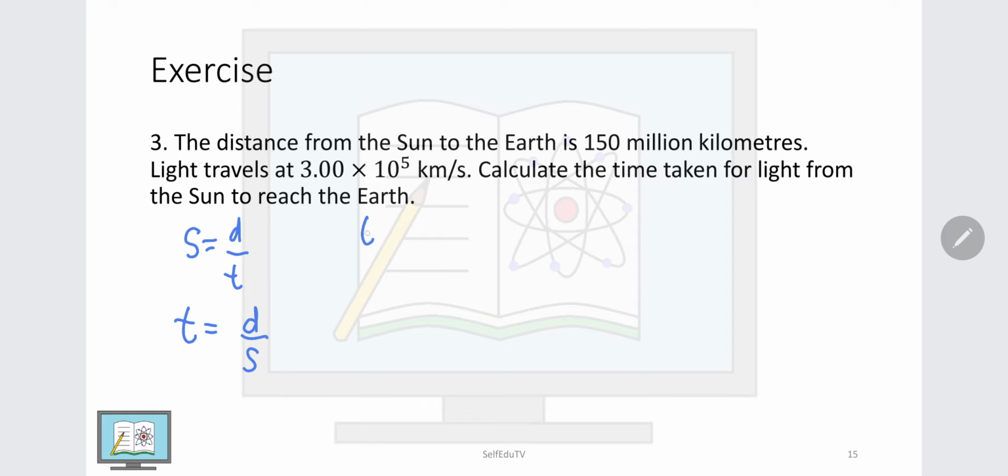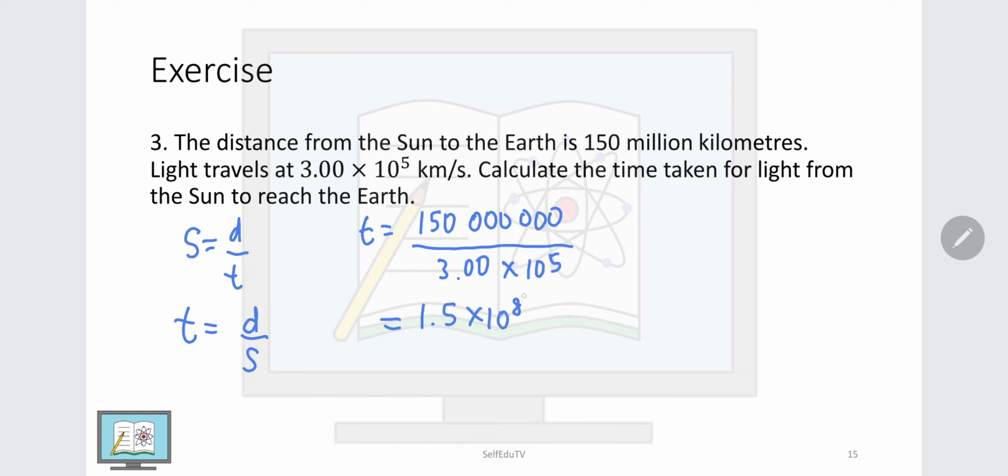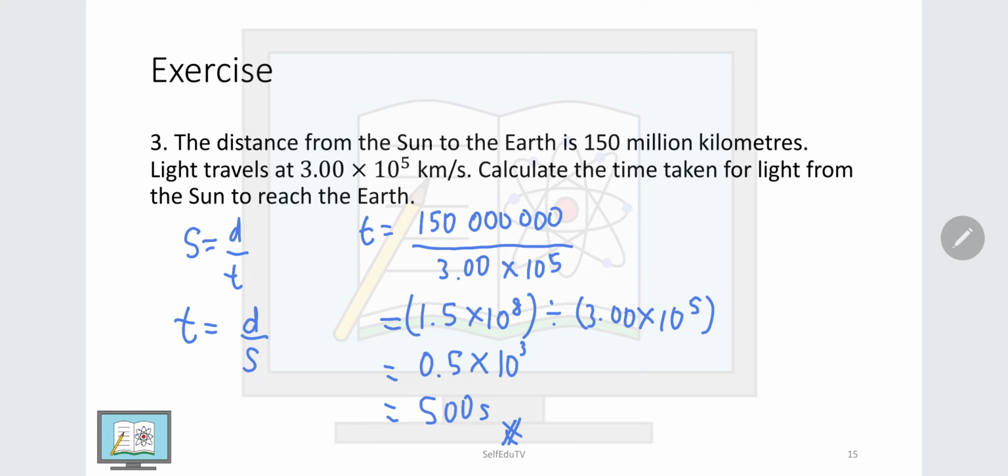So you work it out. So if you are not asked to leave it in standard form, then you can just leave it as 500 seconds.